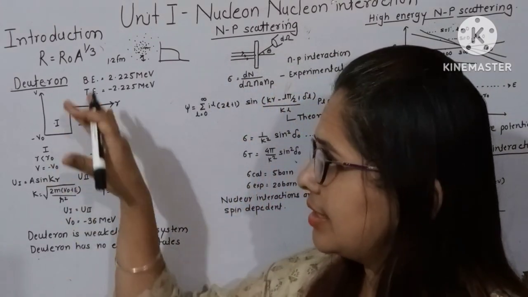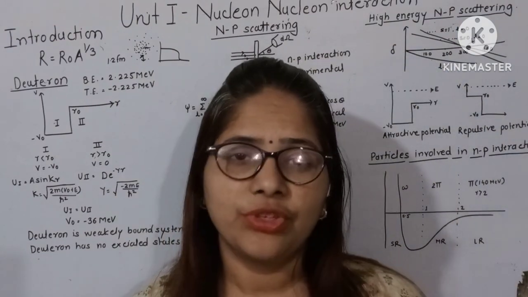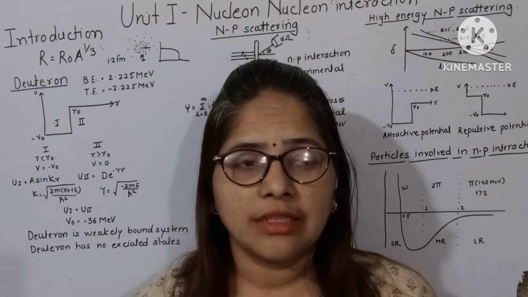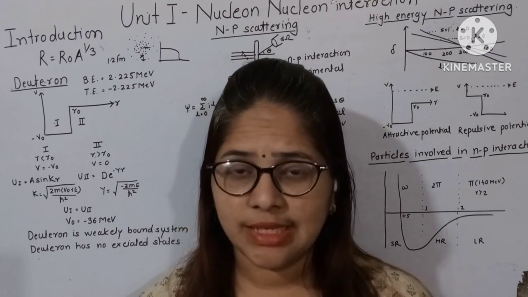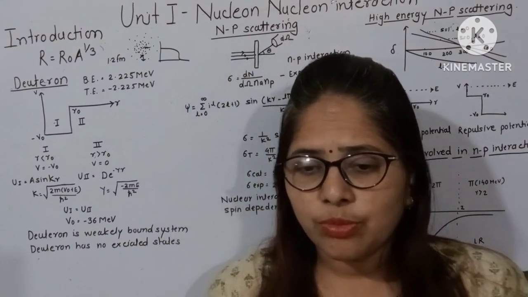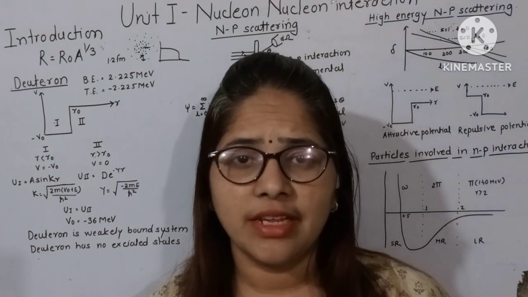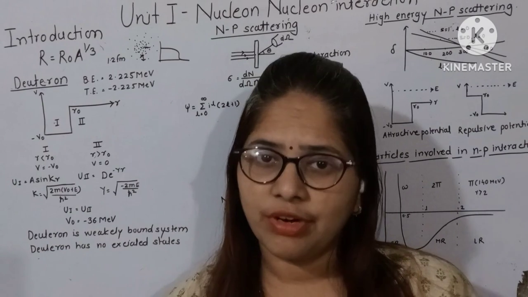Then we saw the deuteron system. In atomic and molecular physics, you study the states of the hydrogen atom. Similarly, in nuclear and particle physics, the smallest nucleus you can study is the deuteron, because it has one proton and one neutron.